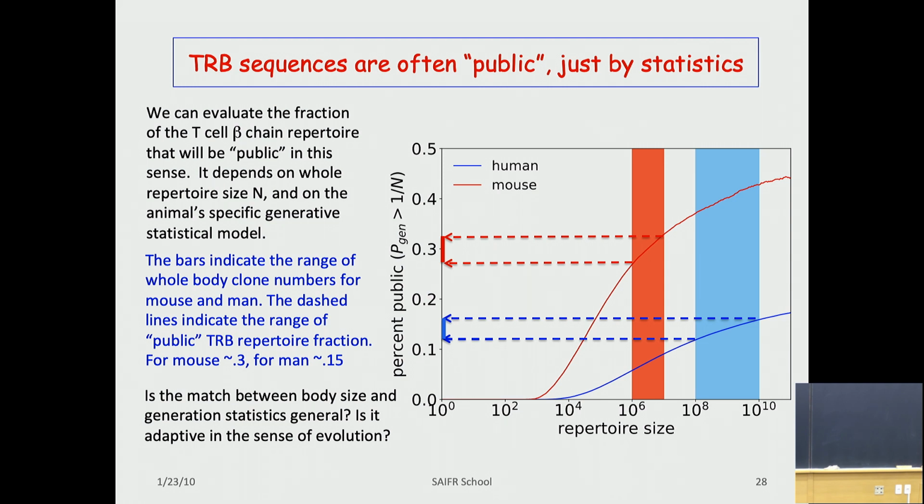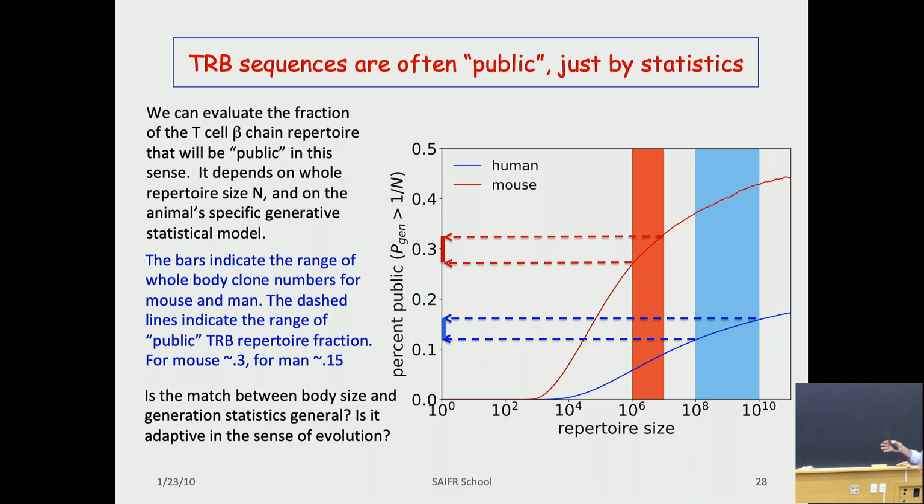So for any species where I have this distribution, I can plot what percent of the repertoire has generation probability bigger than 1 over n for different n's.